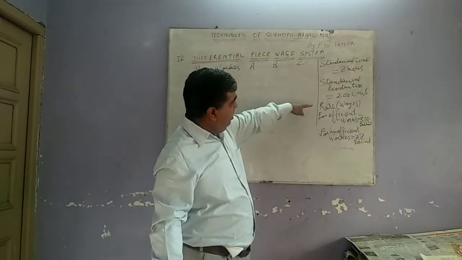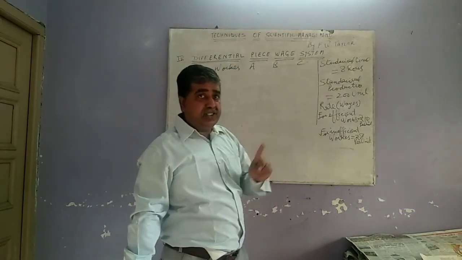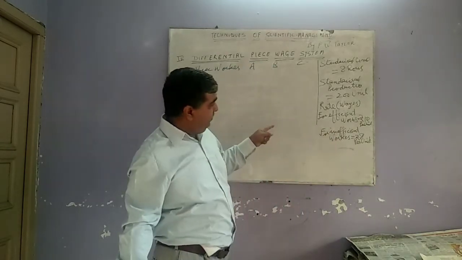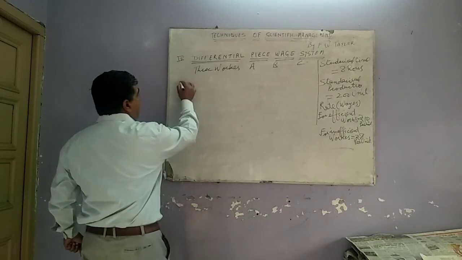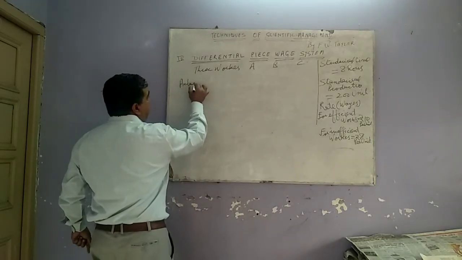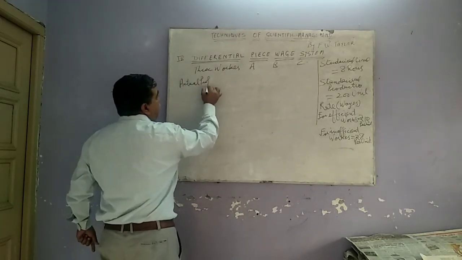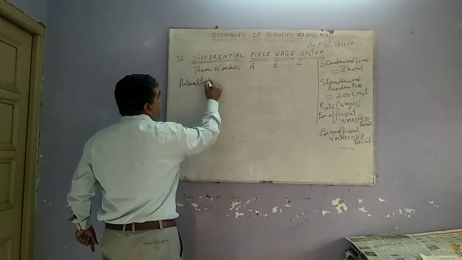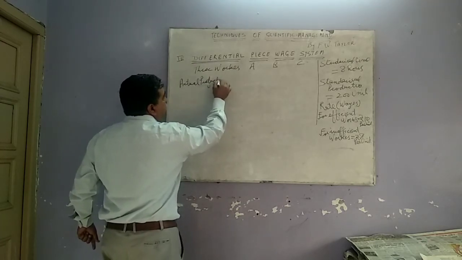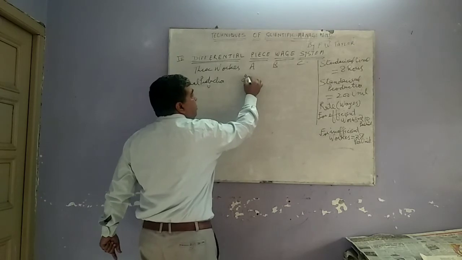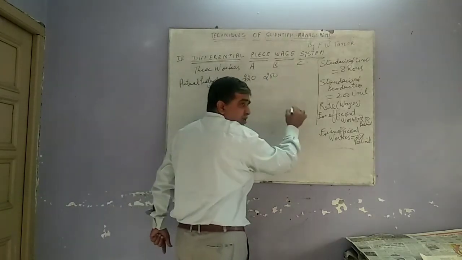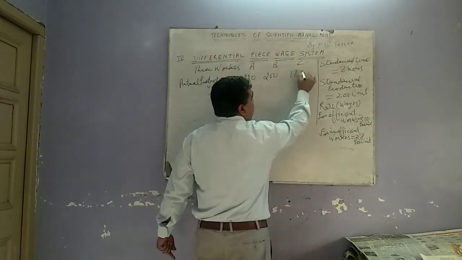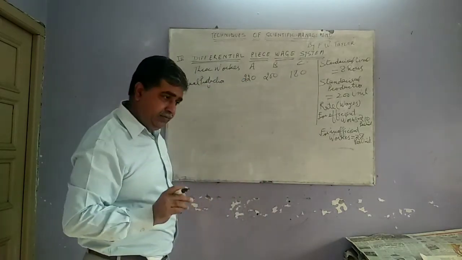One rate is for an efficient worker, rupees 10 per unit, and for an inefficient worker, rupees 8 per unit. And actual production: A produces 220 units, B produces 200 units, and C produces 180 units.